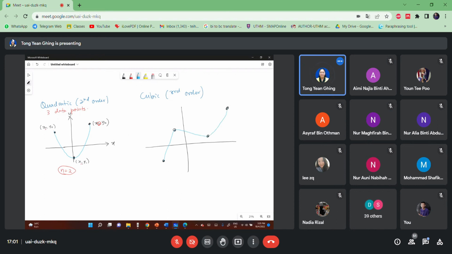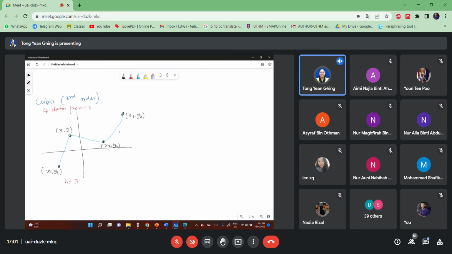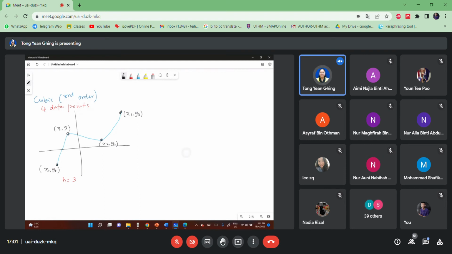So this one is 4 data points. So if 4 data points, that means n equals 3. Because here, if you look, this is x0, y0, x1, y1, x2, y2, x3, y3. Okay or not?